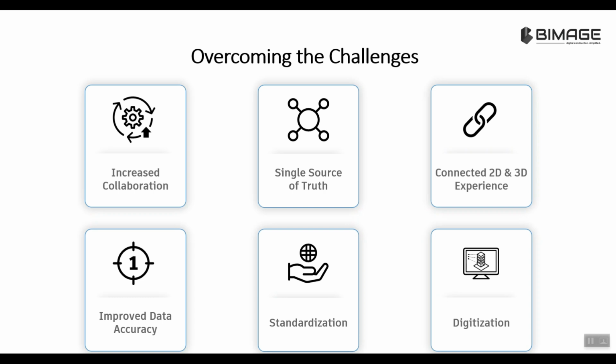We can have standardization across the projects, across the organization, so that we need not search here and there for data accuracy as well as for documents. We can have control over the documentation and the project data. And digitization, of course, is the first and foremost step when we decide to digitally transform our business.